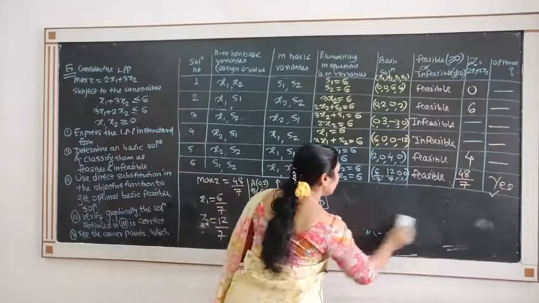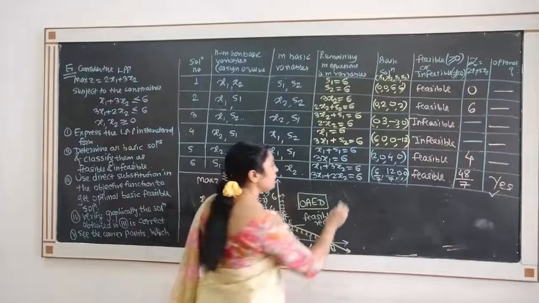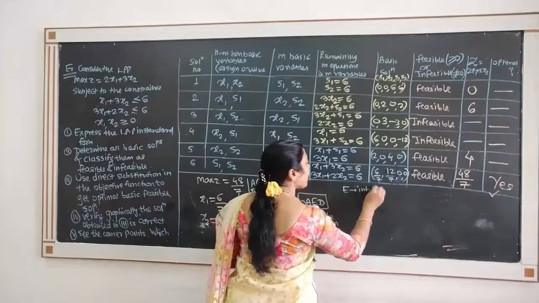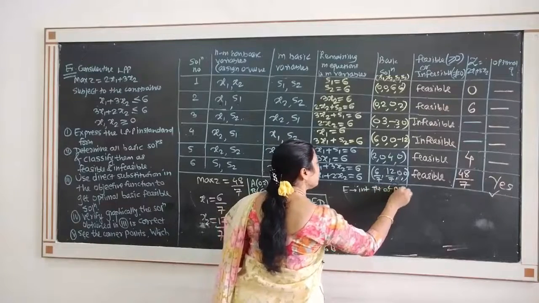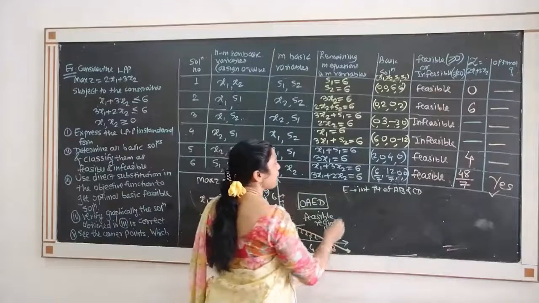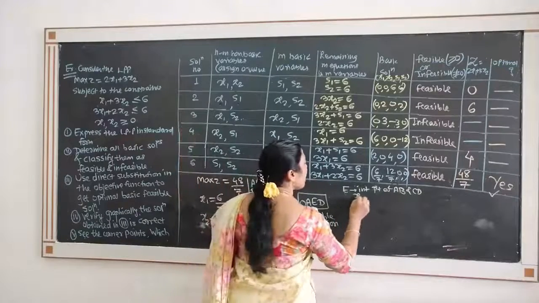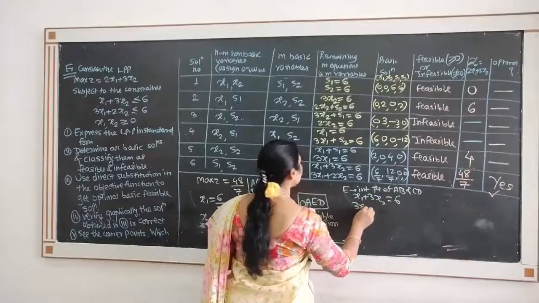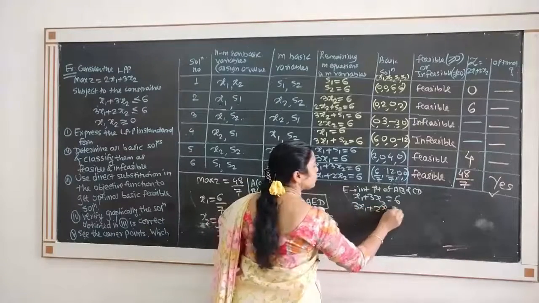Now see the point E. What is E? E is the intersection point of line AB and CD. So solve the two equations simultaneously, AB and CD. AB equation, that is the first equation, x1 plus 3x2 is equal to 6, and 3x1 plus 2x2 is equal to 6.